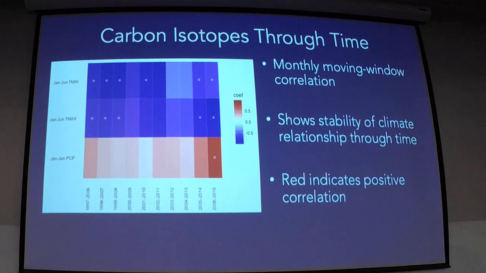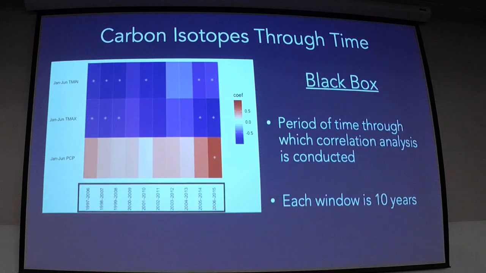And when I went further into this analysis, I chose to look at what we call a moving window analysis, to see if those trees had changed their signal through time. I'm going to describe this graphic before we get into the bottom line. Again, red indicates positive correlation, and we're going to look at the x-axis first.